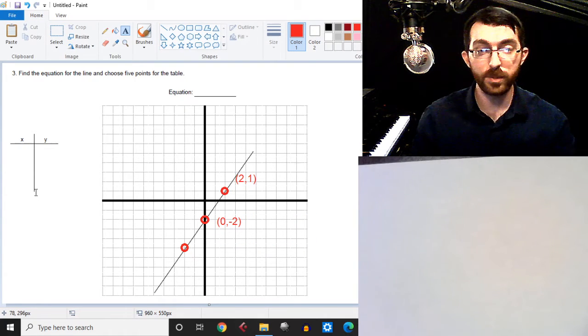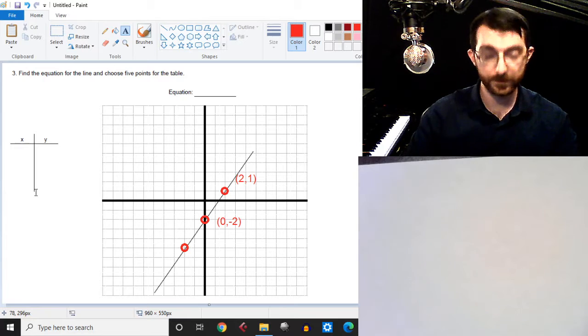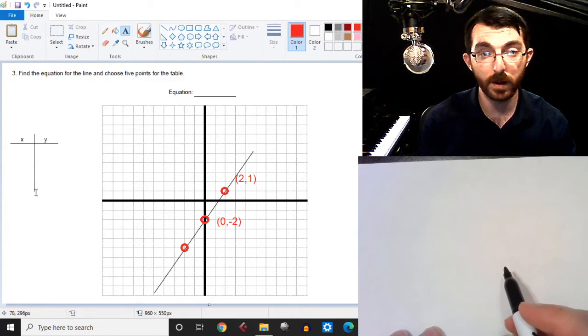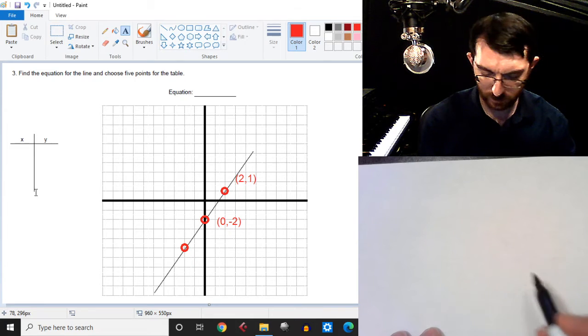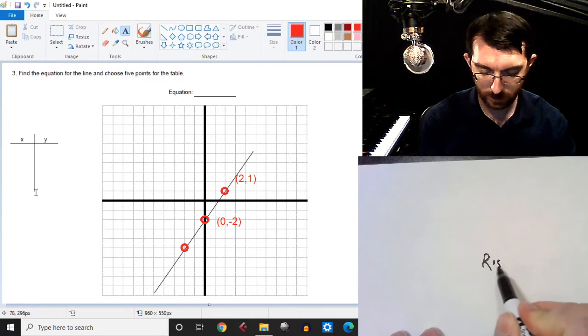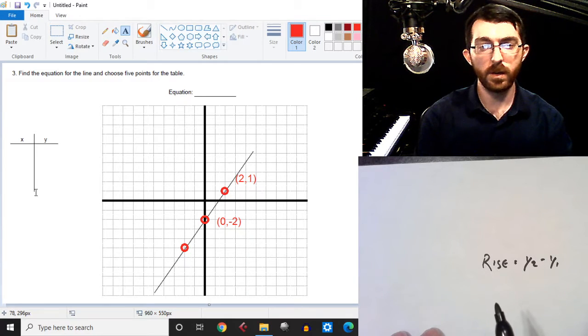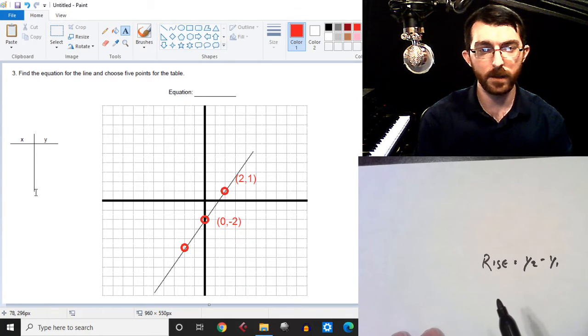So working with those, I should be able to find the slope. The slope is going to be the rise over the run. As we can see, that goes down by 3, but to be sure, rise is equal to y2 minus y1. Sorry, that goes up by 3.